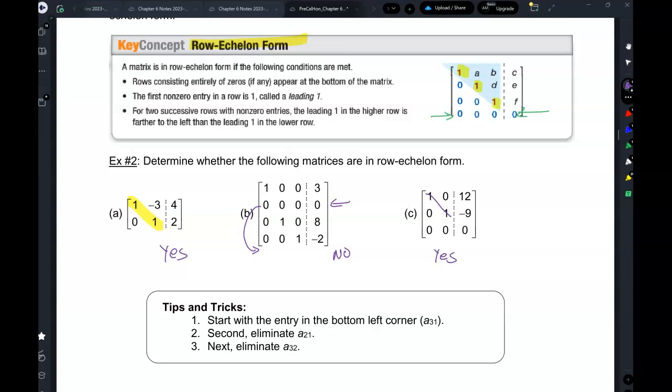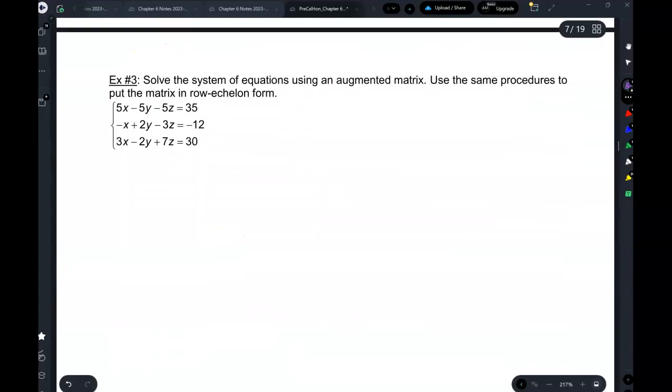Okay. So let's solve this now using an augmented matrix. First, we're going to put this into a matrix form.